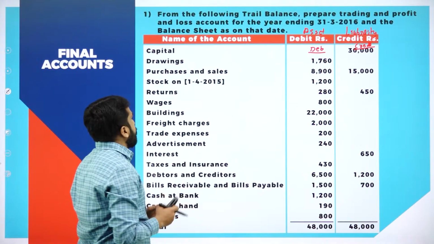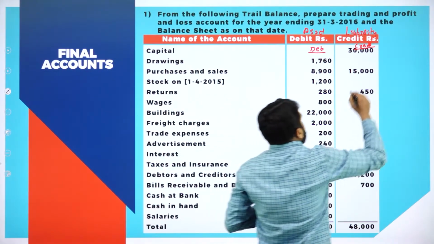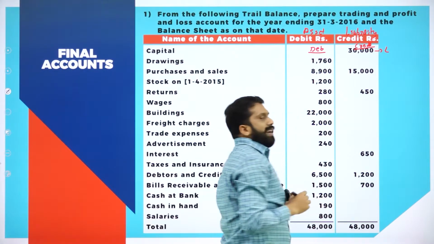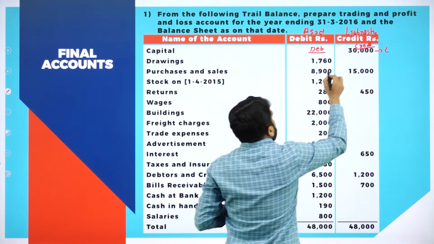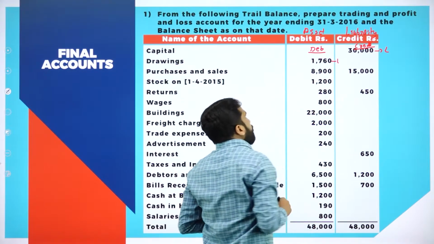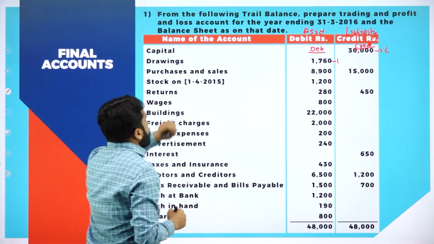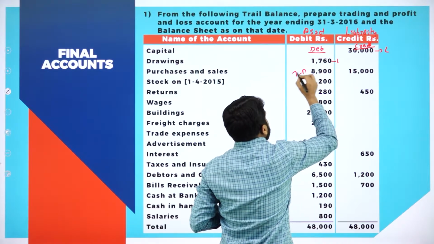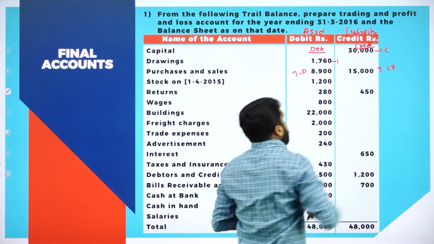Now, capital account comes under where? Yes, this will come under liability. Balance sheet, liability. Drawings comes under balance sheet, liability. But in liability, we will minus. Purchase and sales: this will be trading account, debit side, and this will be trading account, credit side.